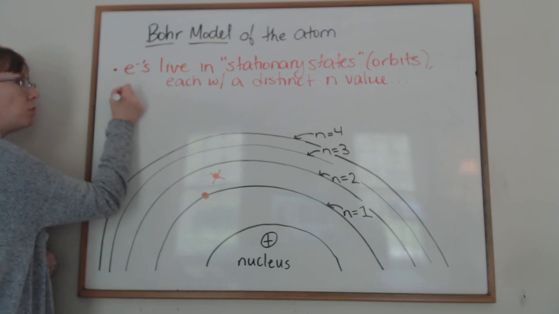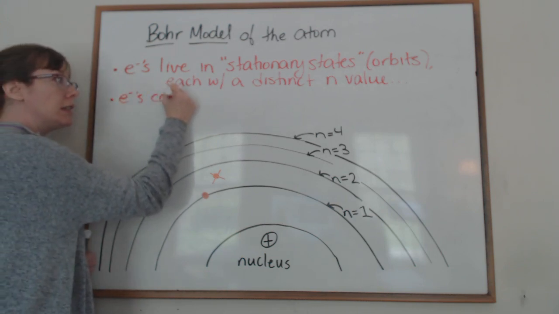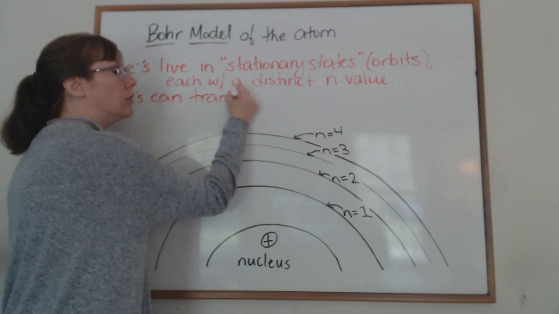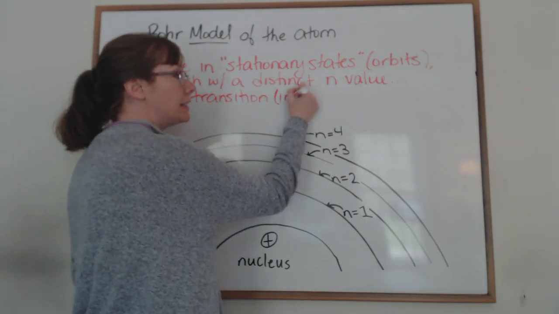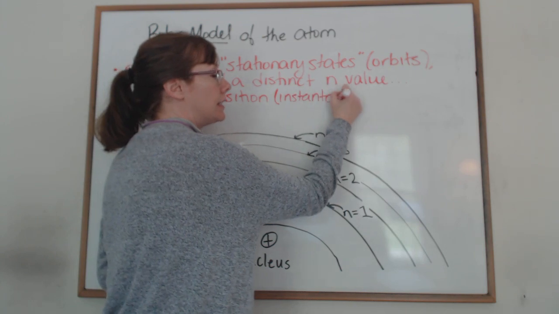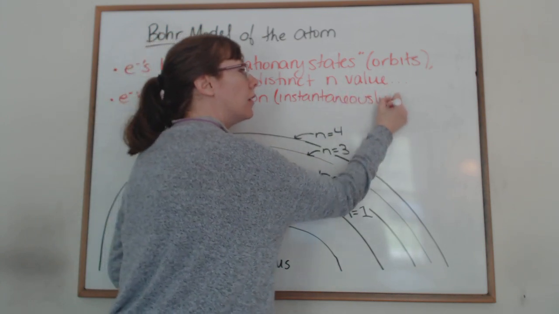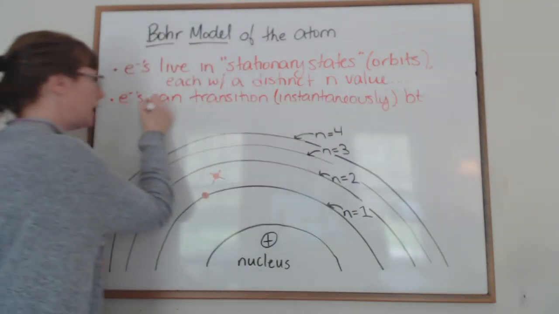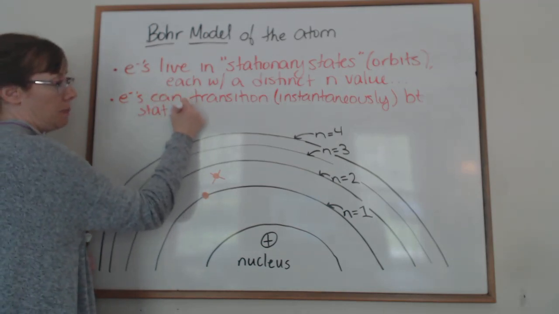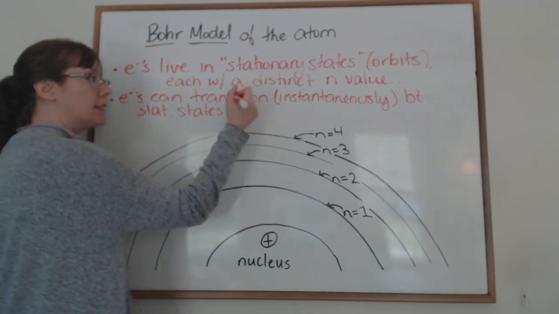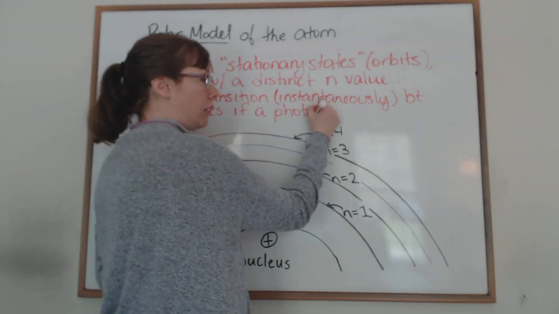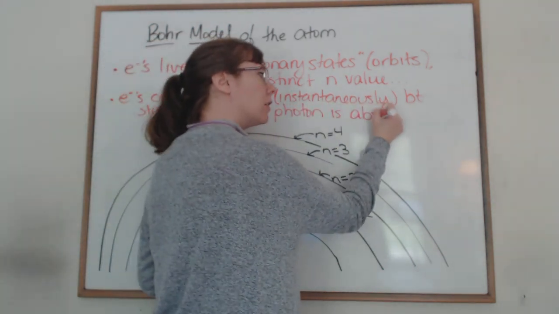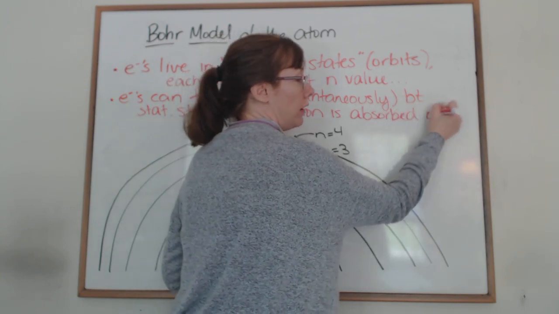And electrons can transition. Now they have to do it instantaneously, between stationary states, if a photon is absorbed or emitted.